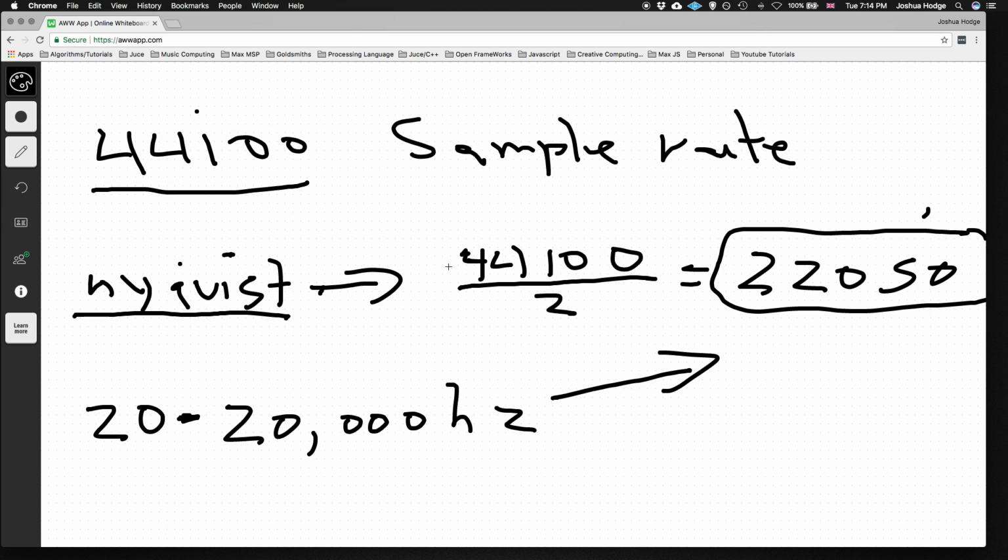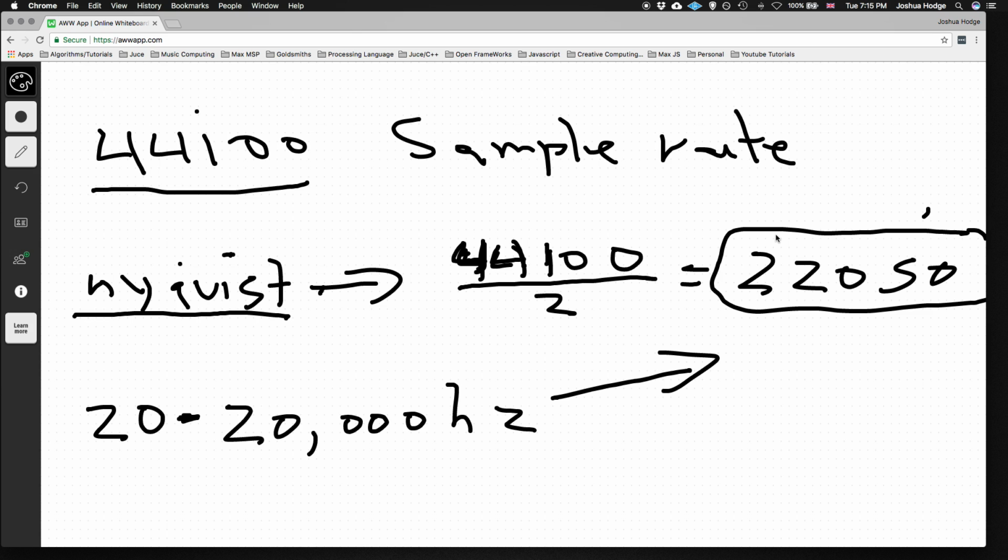That's the least sampling rate that we would need, at least 44,100 hertz, to be able to represent the range of human hearing, plus a little change, because there's some low pass filtering that actually happens.